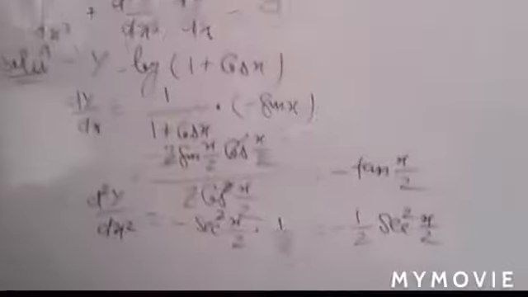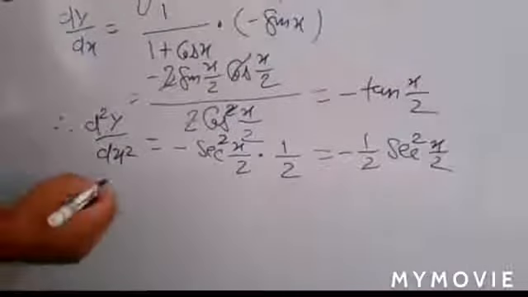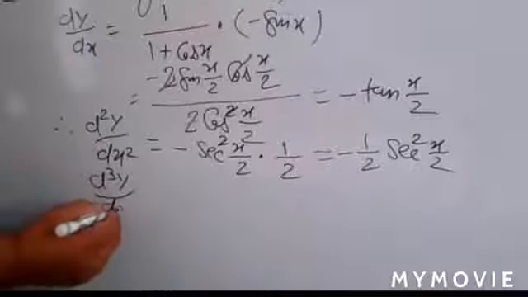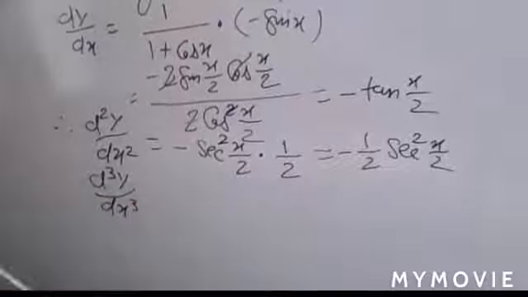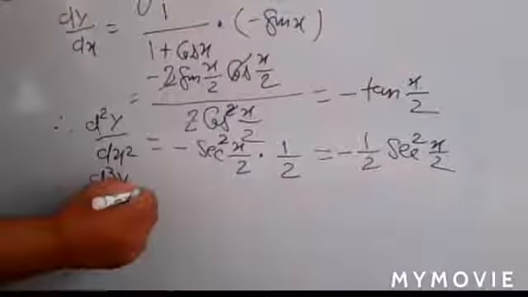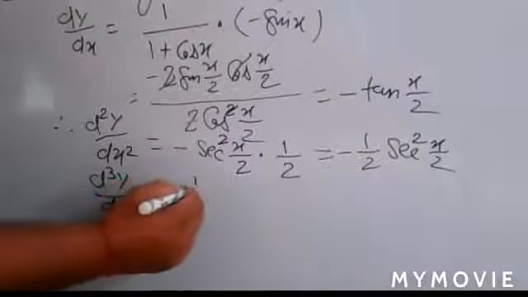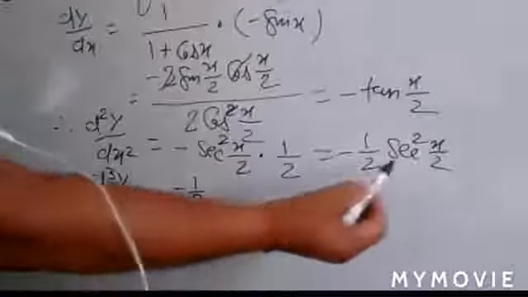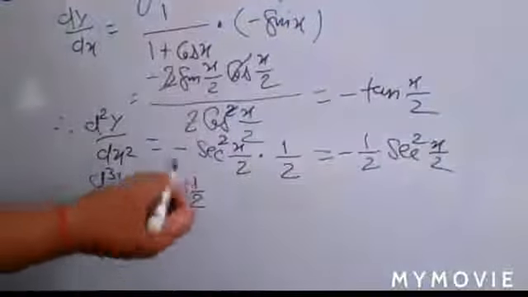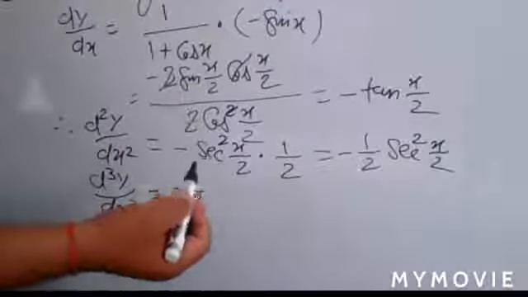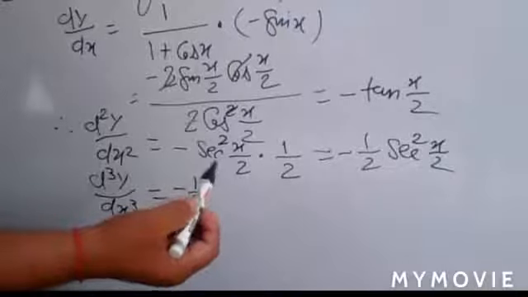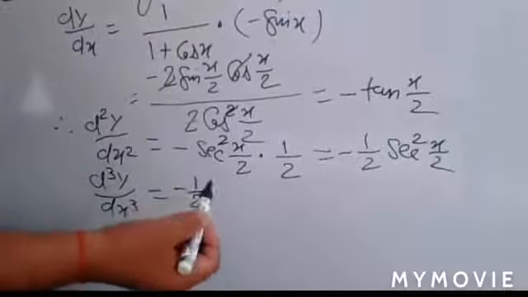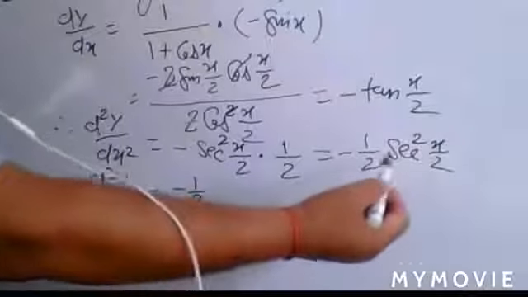Now come to the third derivative. d3y upon dx3 is equal to, first of all, you have to write the coefficient, which is minus 1 upon 2. Okay. Now, sec square x by 2. In which way can you take the derivative of sec square x by 2? In which form is it? X square. Yeah, x to the power n. So that can be treated as x to the power n.